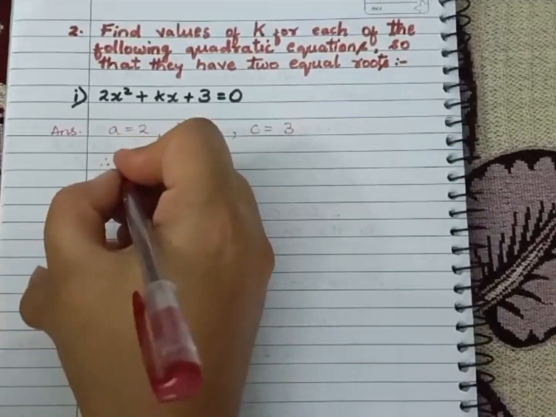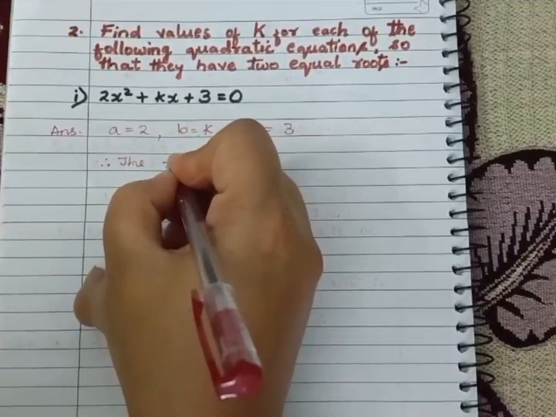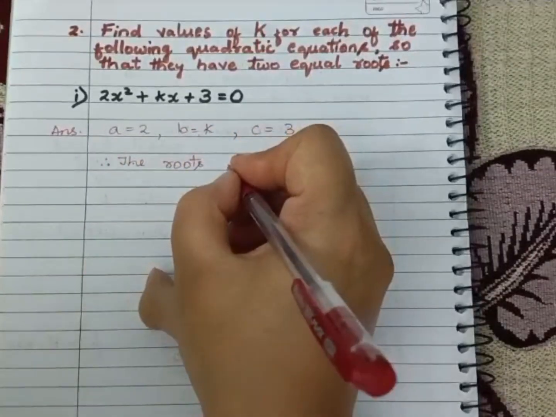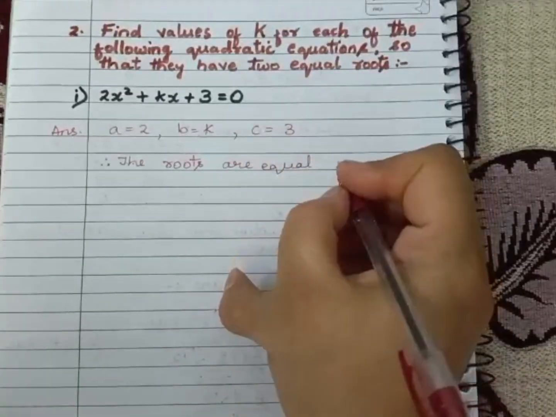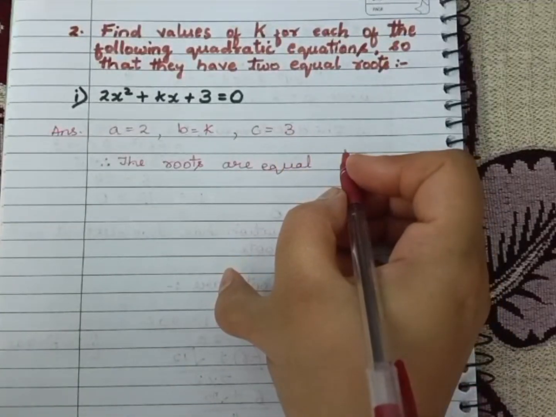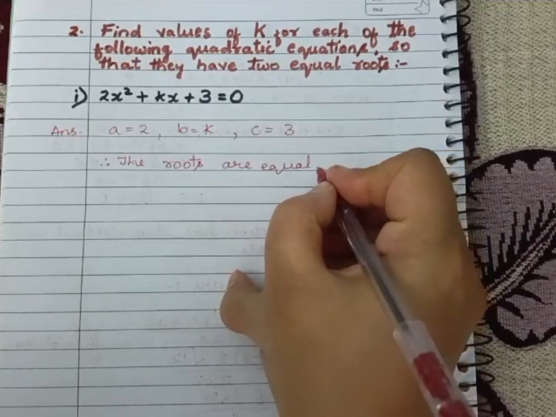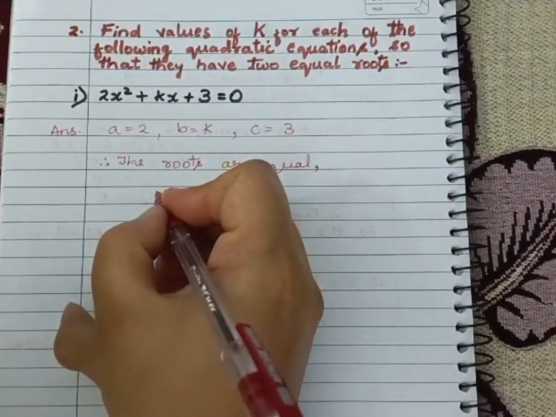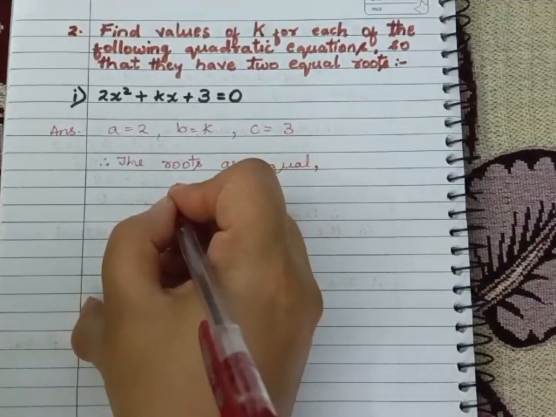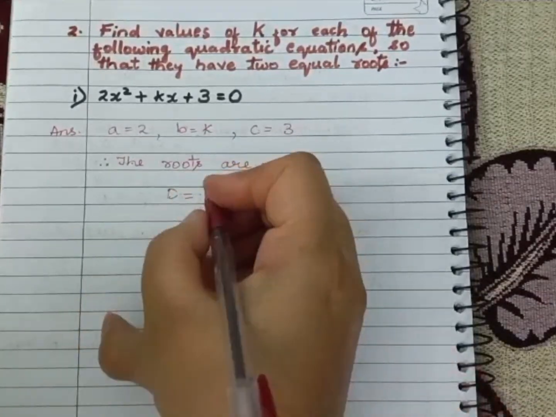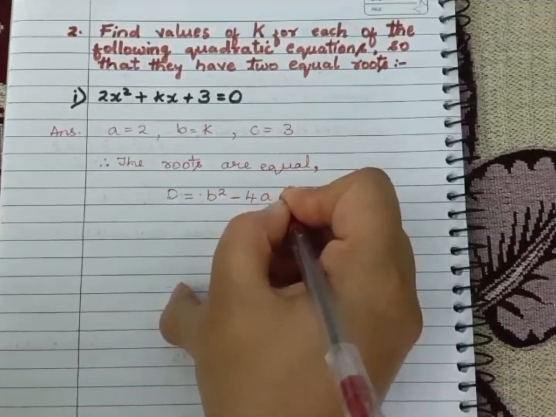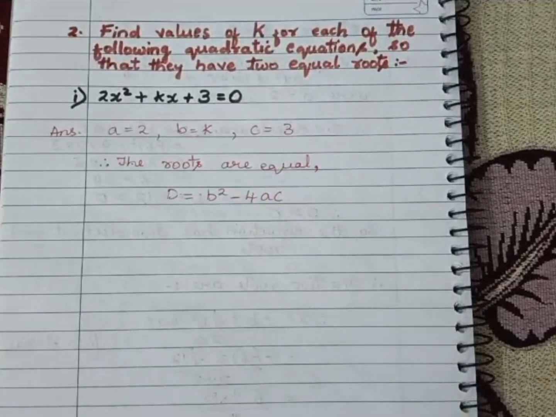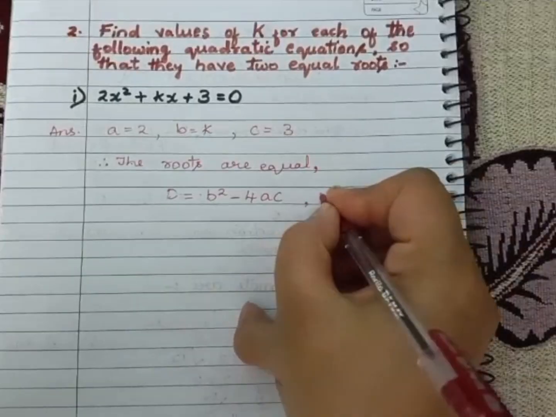Therefore, the roots are equal. D is equal to b square minus 4ac, D is equal to 0.